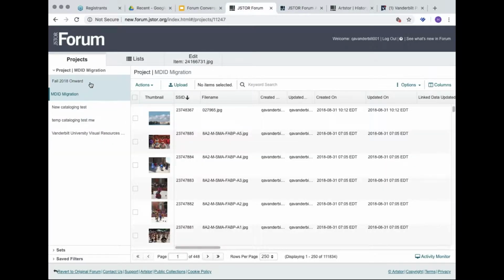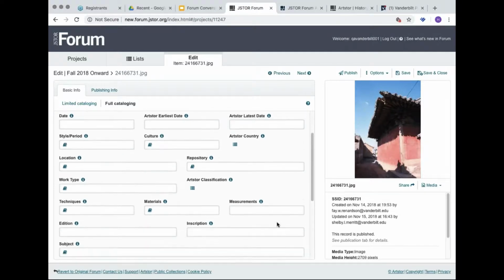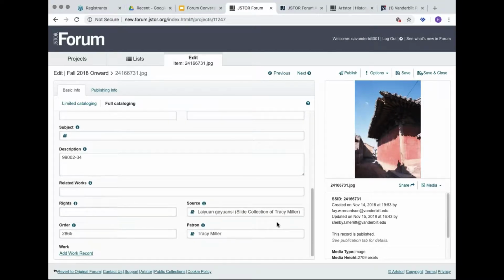Yes, this record here. This is from the slide collection of one of our faculty members. These are photographs of Chinese architecture that she took. We have no idea what they are, so they're not cataloged right now. She's going to have to go in and catalog them herself because she has the subject knowledge.